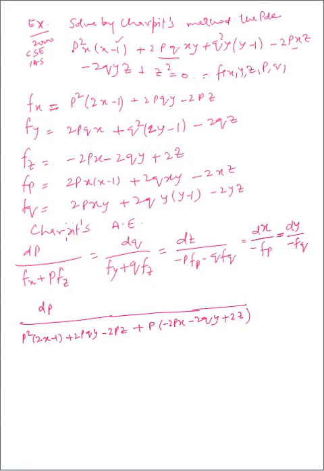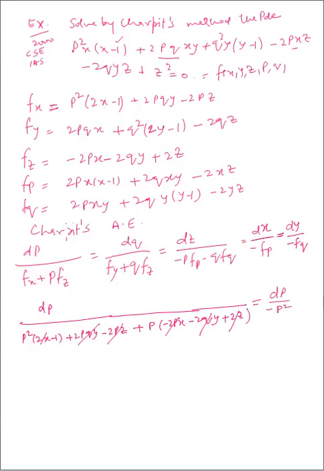So this pqy cancels out, this also cancels out, minus 2p square x will also cancel out. So the only thing left is minus p square, which is dp upon minus p square.